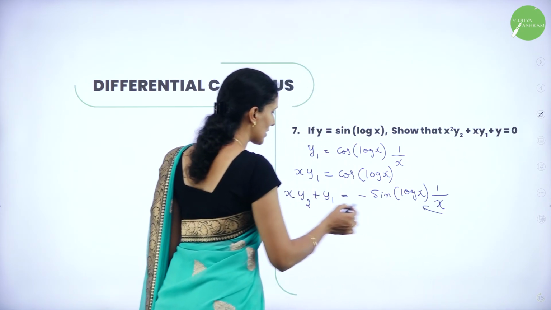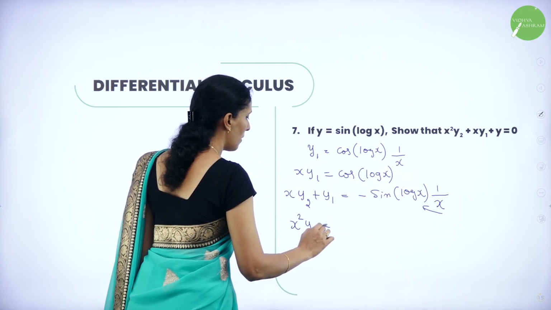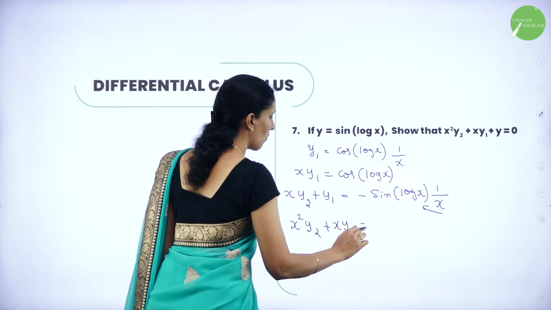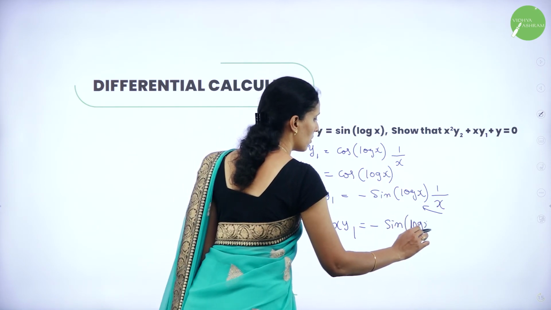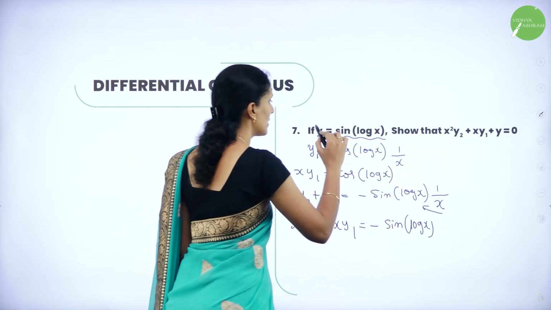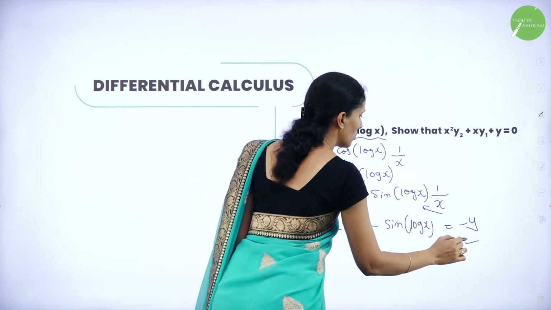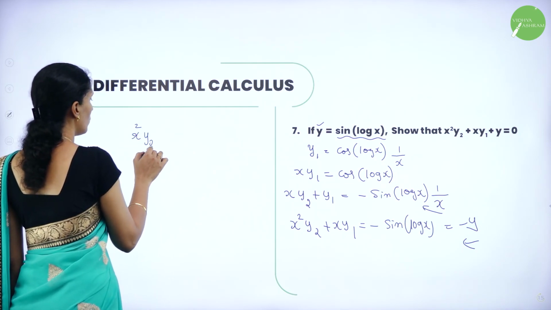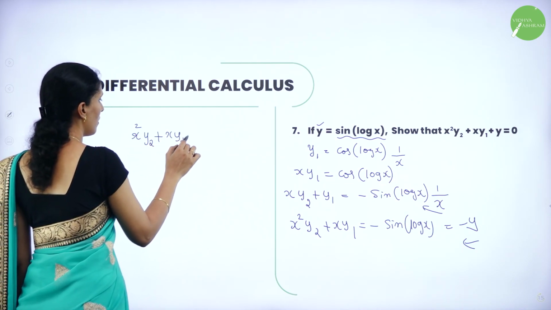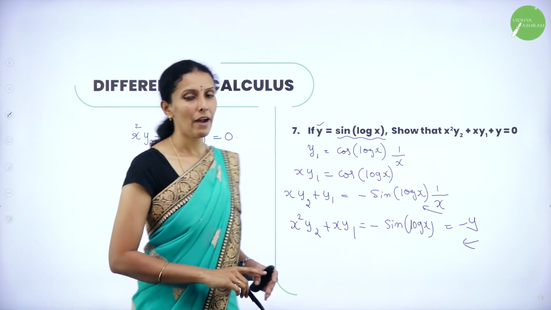Again shift x this side, it will become x square y2 plus x y1 is equal to minus sine of log x. What is this sine of log x? It is y. So here you can replace with minus y. Shift minus y here. So this is x square y2 plus x y1 plus y is equal to 0. So which we have proved now.